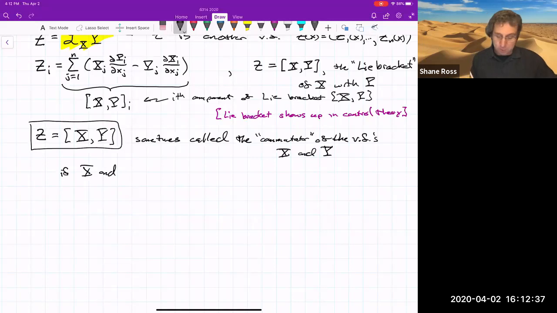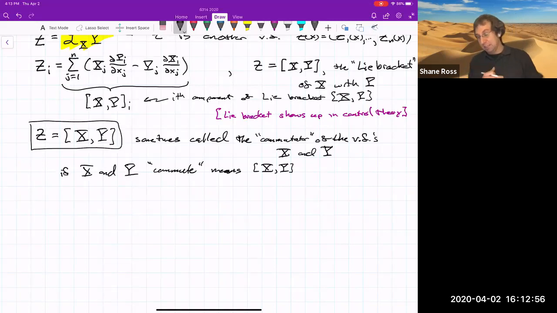Yeah. Good question though. Here, if X and Y, the two vector fields, commute, that just means that if you do this calculation of the Lie bracket, or essentially the Lie derivative of Y along X, you get 0.